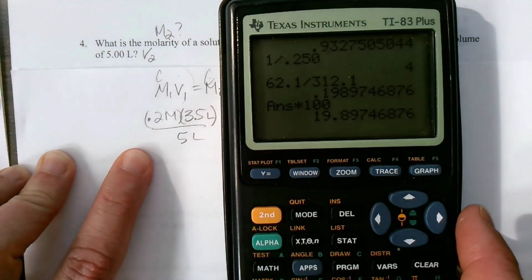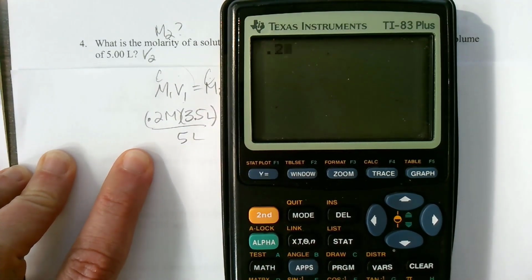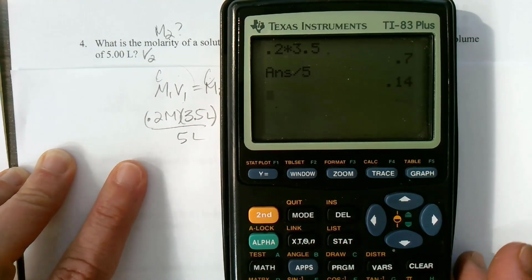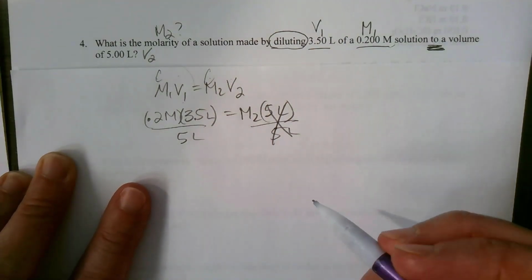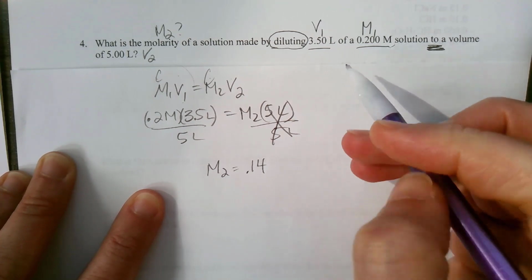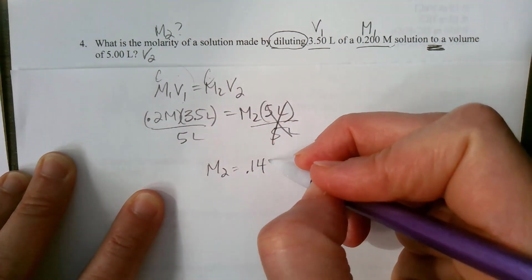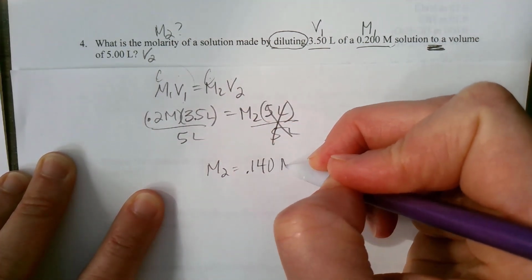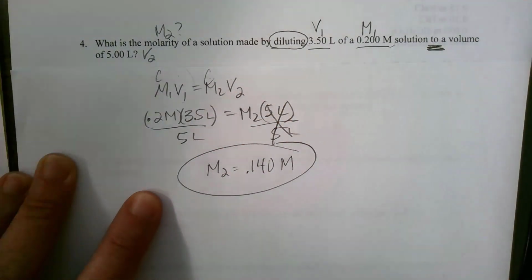So let's do 0.2 times 3.5, and then divide that answer by 5. And we should get 0.14, and in 3 sig figs, so 0.140 molar.